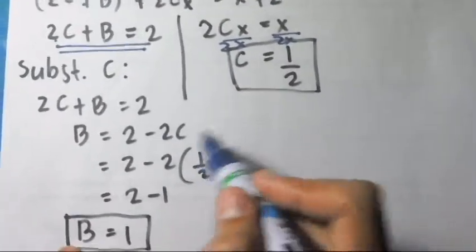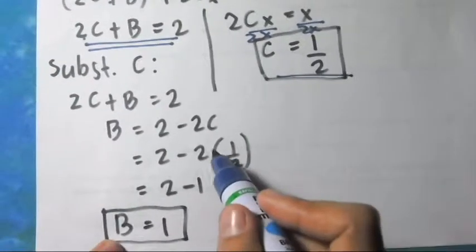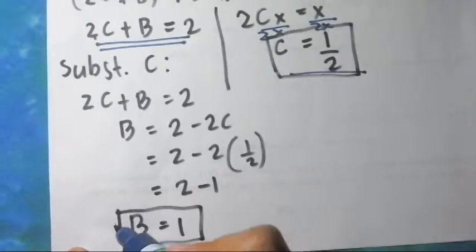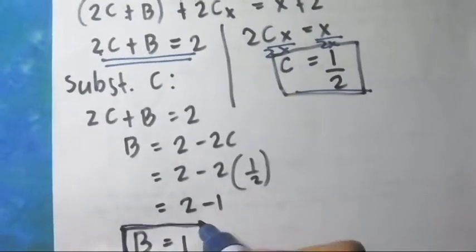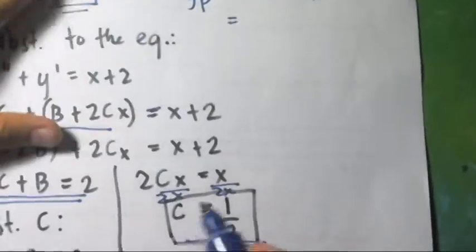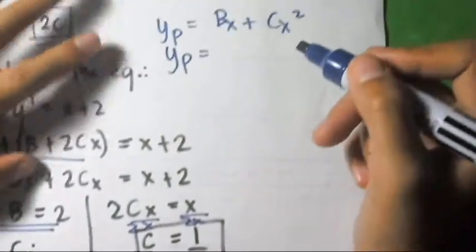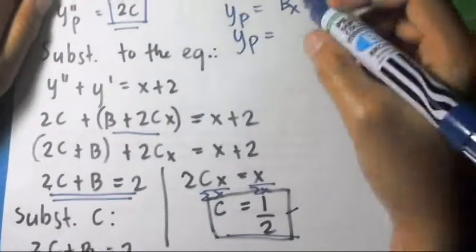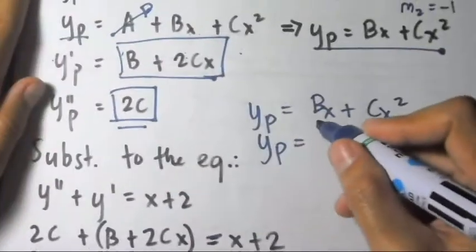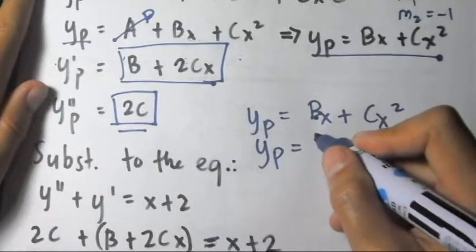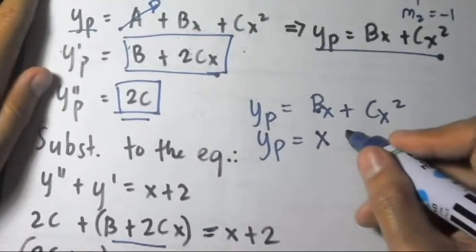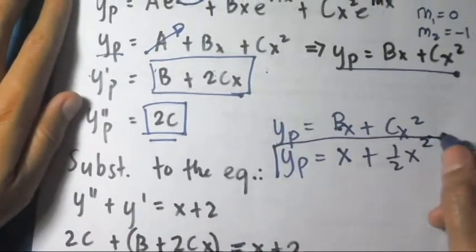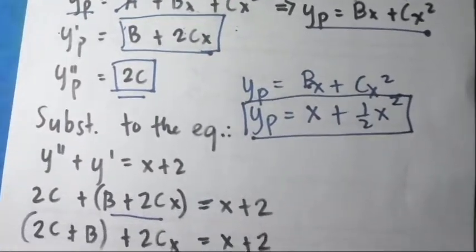As we know that C has a value of 1/2, 2 times 1/2 is 1, so 2 minus 1 equals B. We now get the values of B and C. As we have this particular equation, we must substitute these values into it. Having B equal to 1, it becomes x, and this one will be 1/2 of x squared. So now we already have our yp.